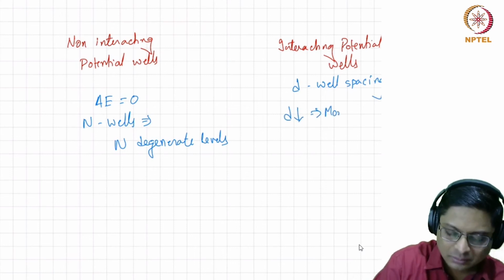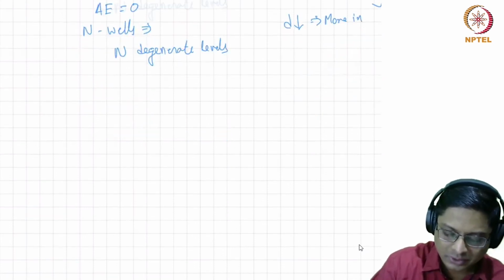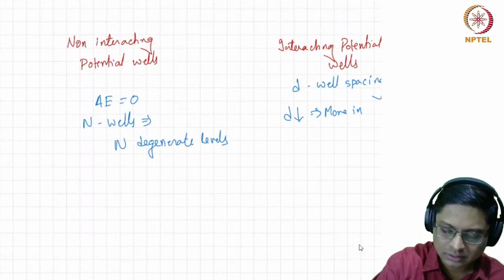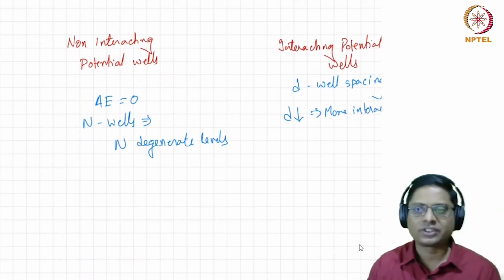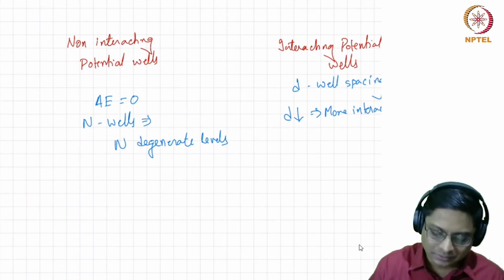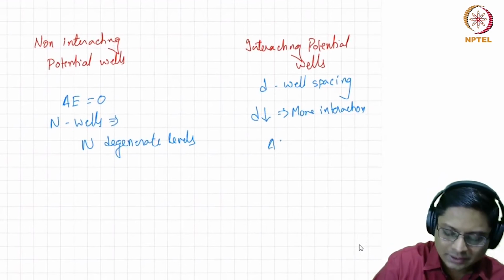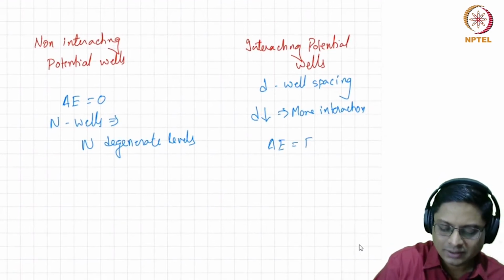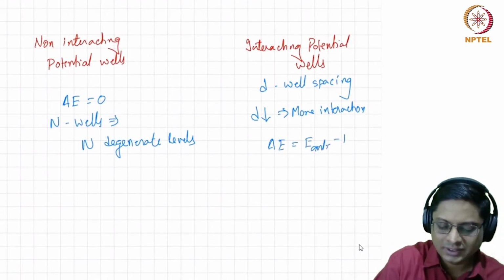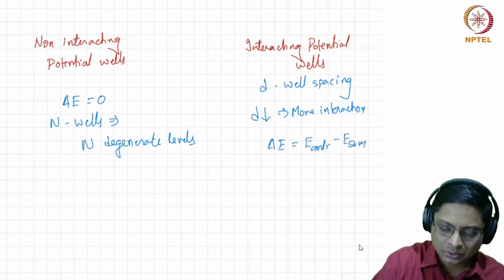If the interaction is more, then delta E, which is simply E antisymmetric minus E symmetric, is going to increase.